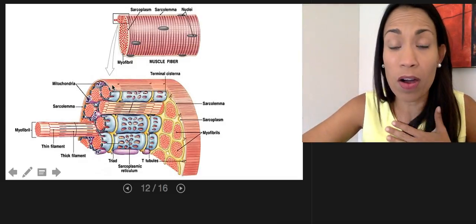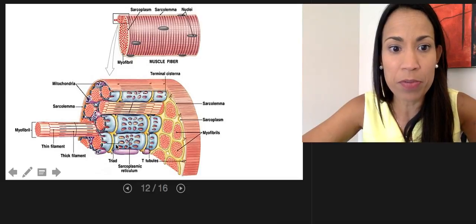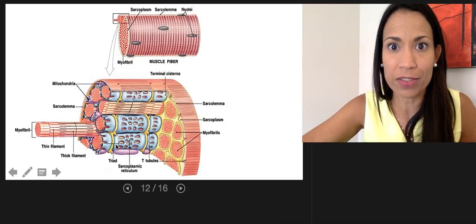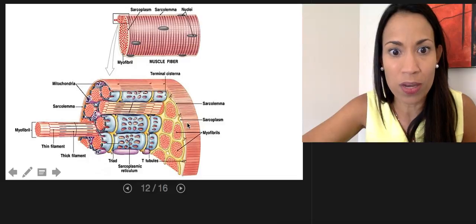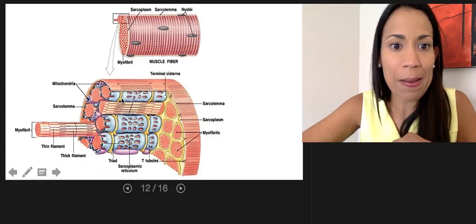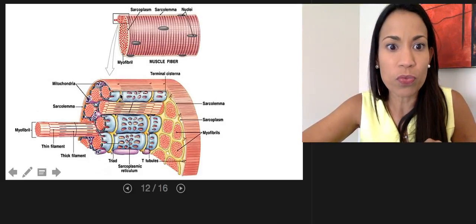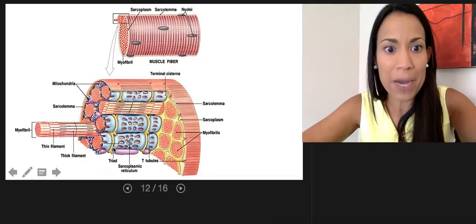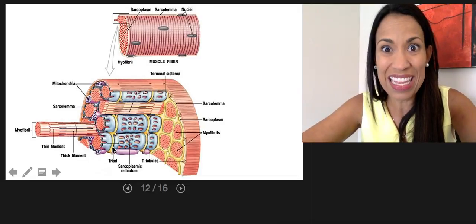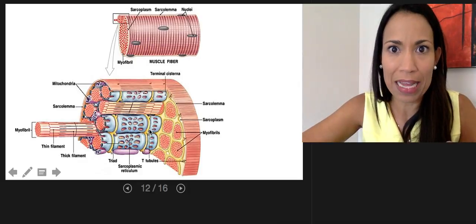And the only way we can ensure that all the myofibrils are going to be stimulated to contract, and not only the ones closer to the cell membrane, is by creating these T-tubules that reach deeper myofibrils inside the sarcoplasm.